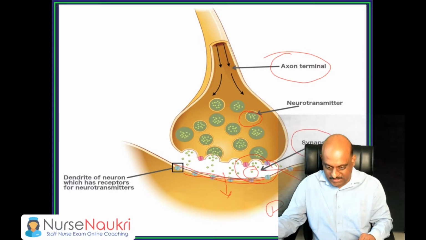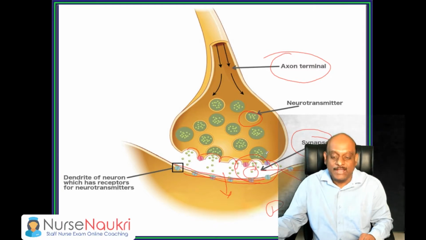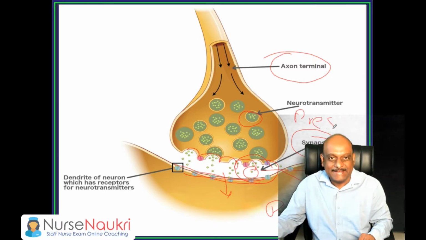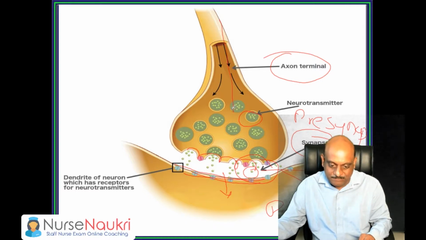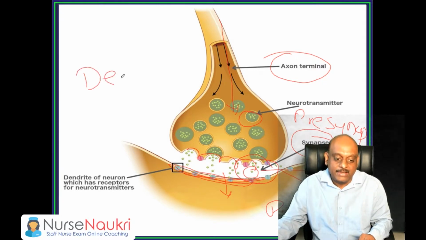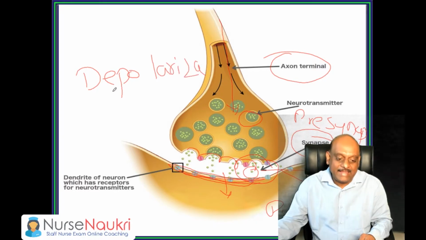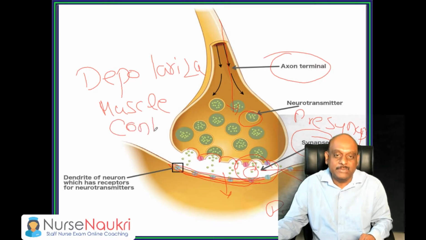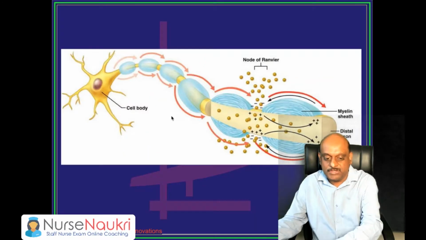This is called the synapse. And what is this area called? Presynaptic membrane. Very good. And this is called the nerve. So that makes the postsynaptic membrane undergo what? Depolarization. And that makes the muscle contract. That is what you should understand.